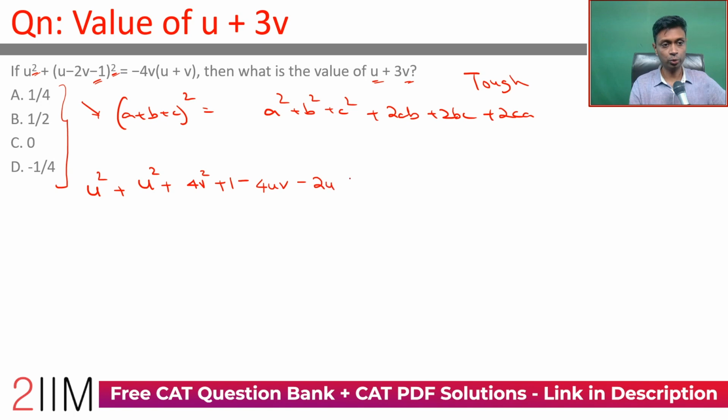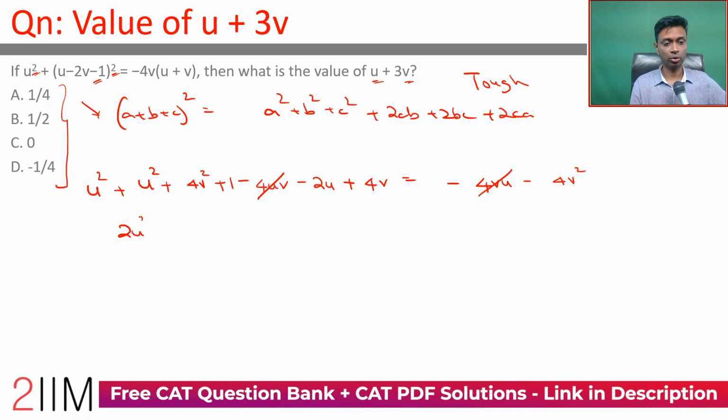minus 2u plus 4v equals minus 4vu minus 4v square. The minus 4uv and minus 4uv get cancelled.